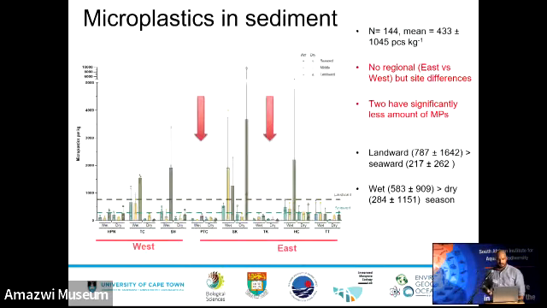What about microplastics in the sediment? Well, again, we found no regional differences, but there were site-specific impacts. Notably, we have 2 sites that have very little microplastic loadings. It could be a product of the saying that you are a product of your environment.